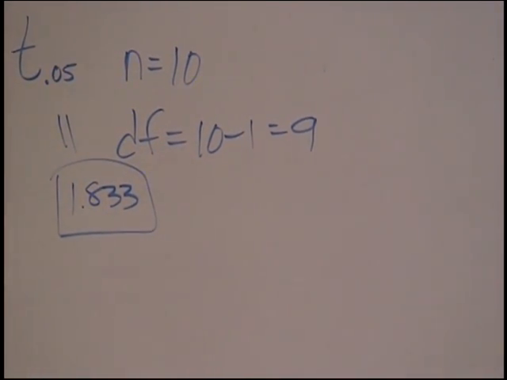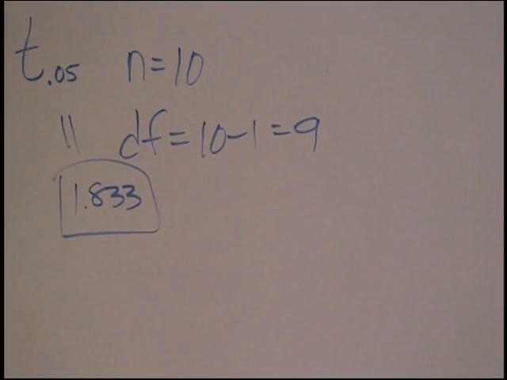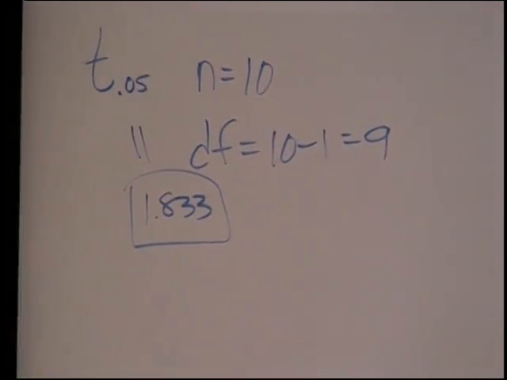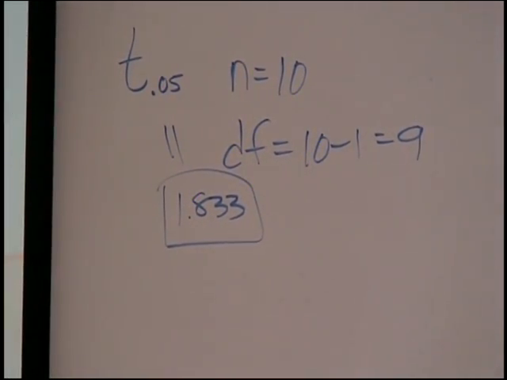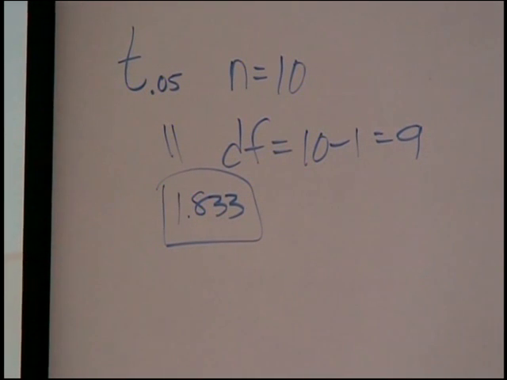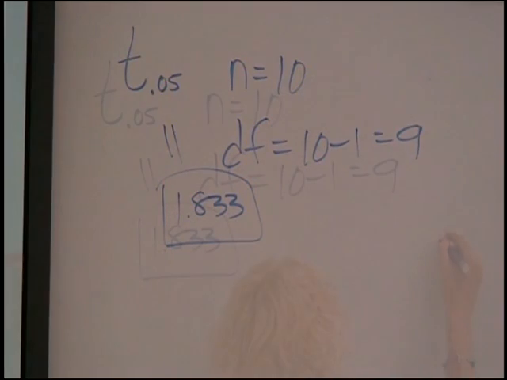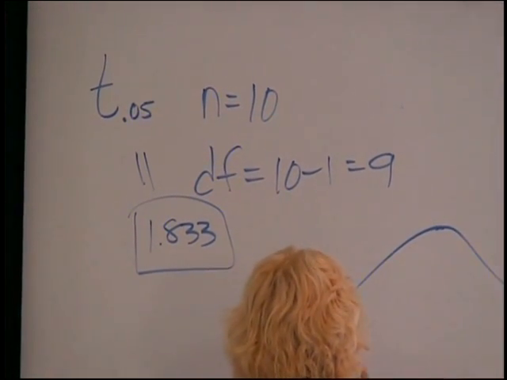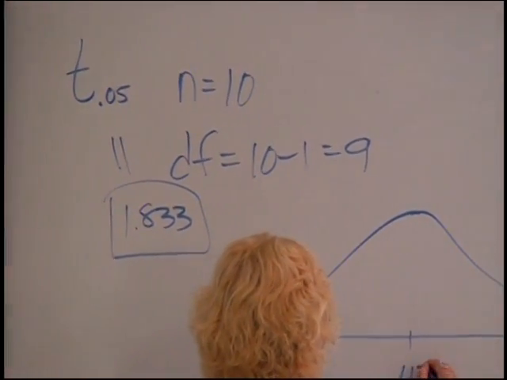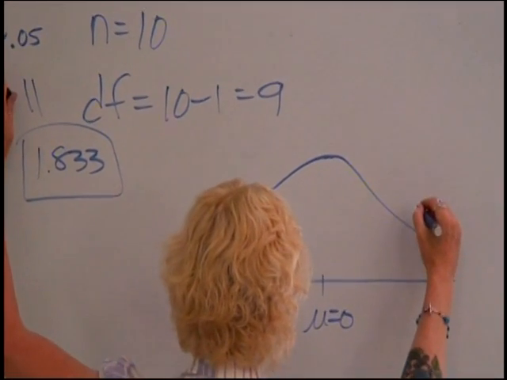You're always going to get the T in the right tail. If you want the left tail, which we'll get to in hypothesis testing, you just stick a negative on it because of the symmetry. Does that make sense?